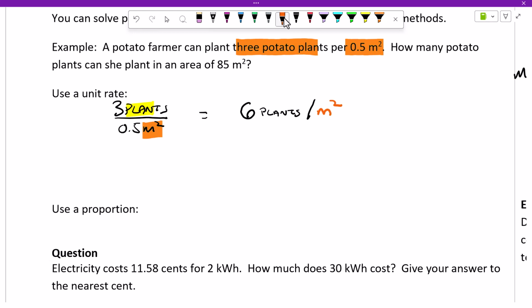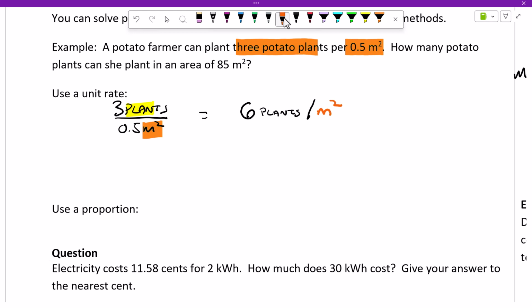Okay, so based off this information, your land is 85 square meters. So how many potato plants can this farmer have, right?